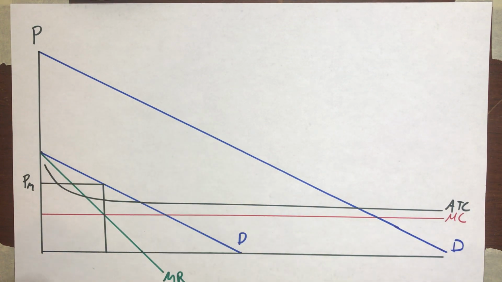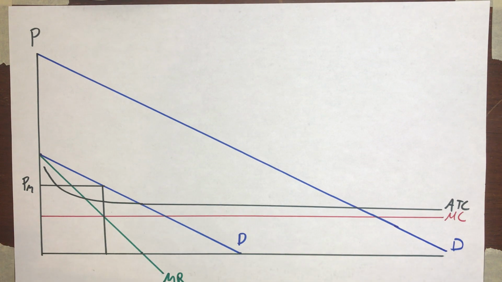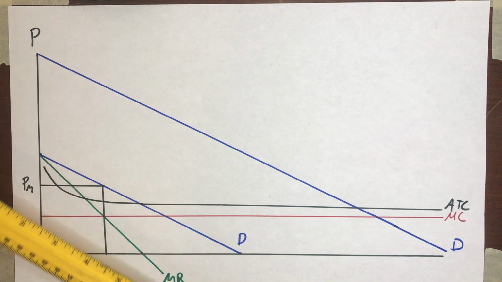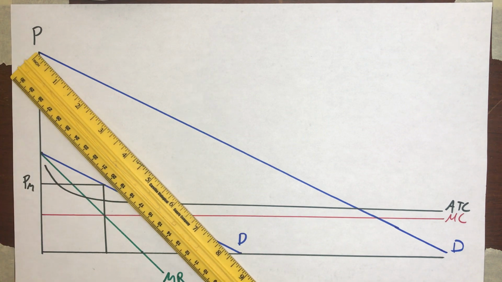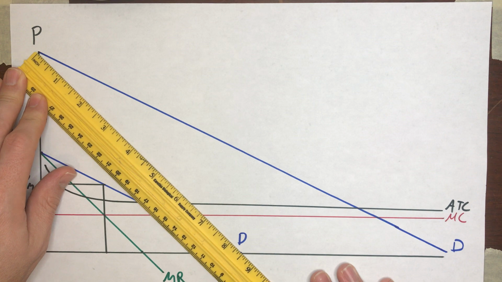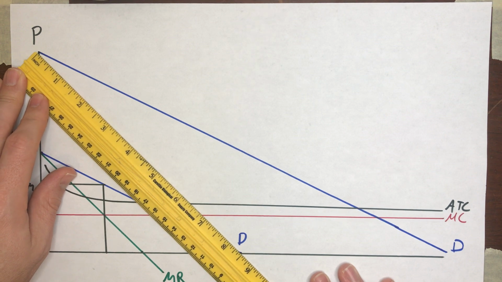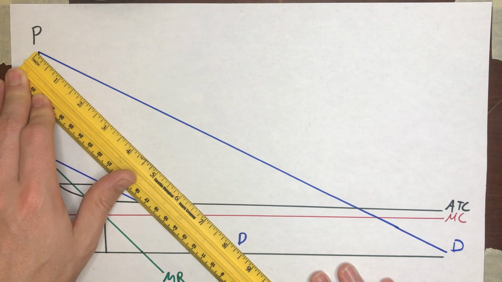There's our demand curve. Now the marginal revenue curve is also going to shift, because the marginal revenue curve always starts at the same point as the demand curve and falls with twice the negative slope. So it's going to be something like this.